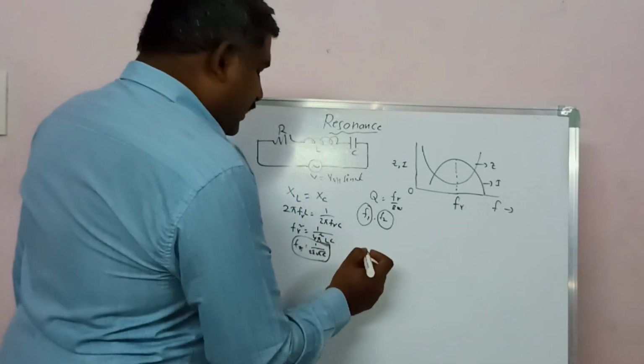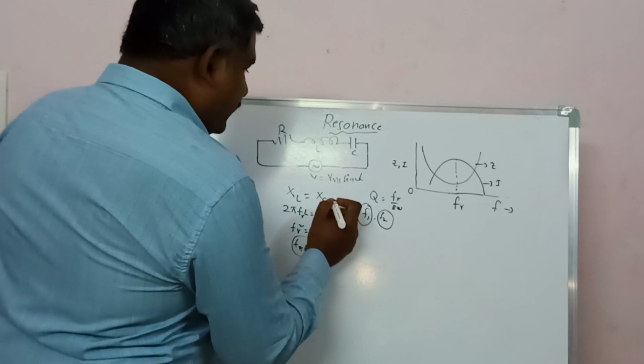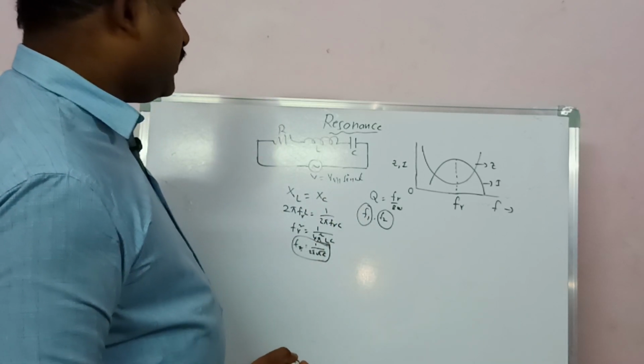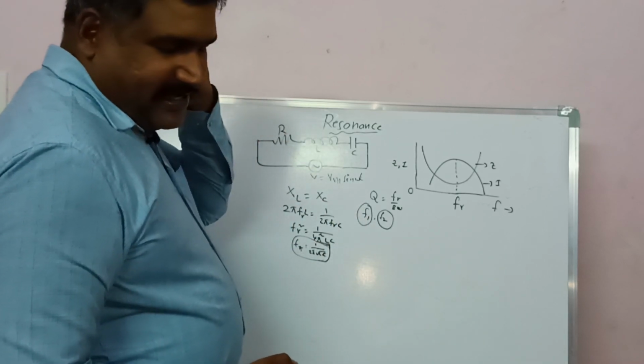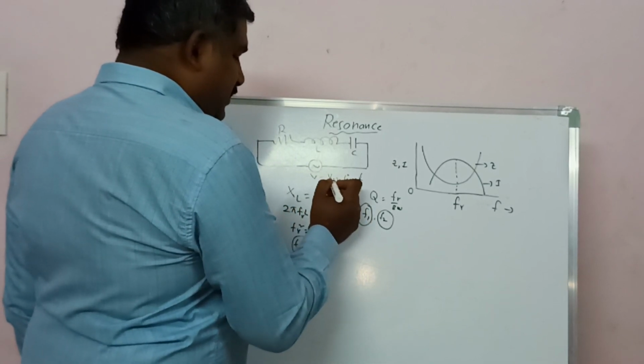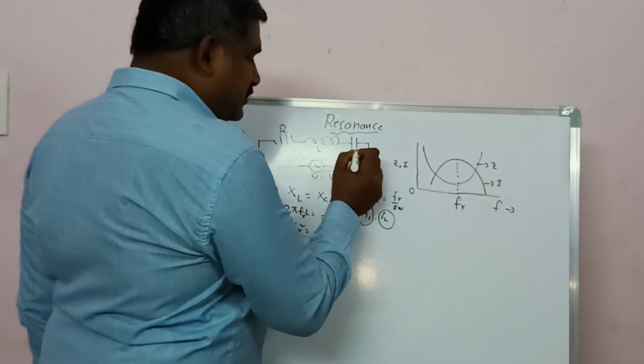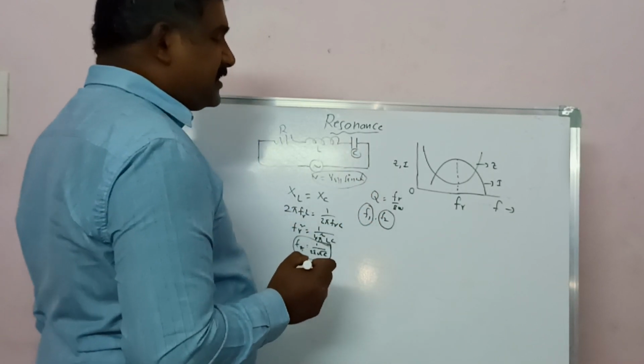As I said earlier, if the frequency is varied from 0 value, obviously the voltage that will appear across the inductance will be short circuited, and the total voltage, that is V is equal to Vm sin omega t, will be applied across the capacitance at initial stages.